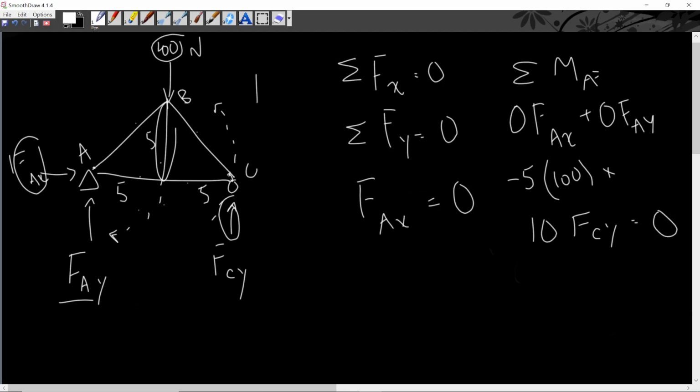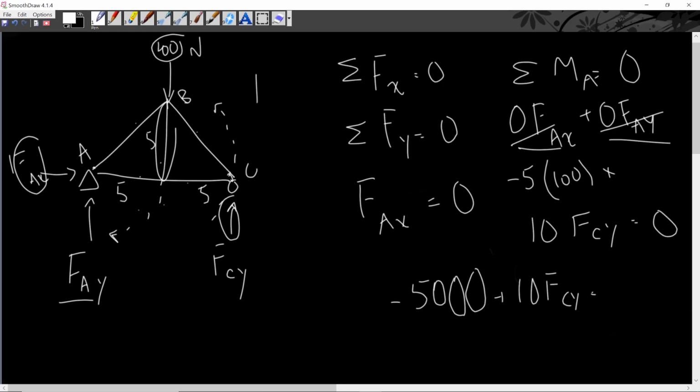And that's going to equal 0, right? The sum of the moments about A should equal 0. Now these two don't have any values because they're multiplied by 0. So we're going to have negative 5,000 here, plus 10 FCY is equal to 0.